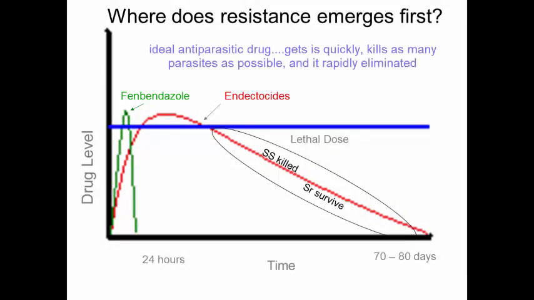So in conclusion, if we want an antiparasitic from the standpoint of slowing resistance, we should choose one that acts quickly and just as fast is rapidly eliminated from the body, in probably a matter of a few days.